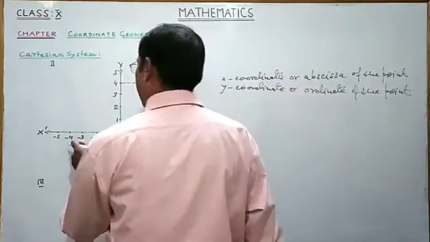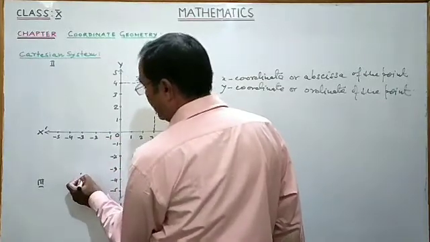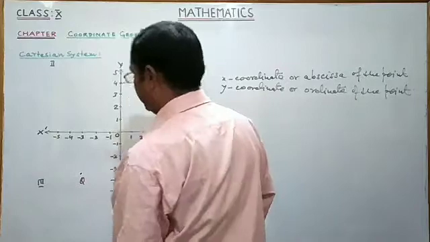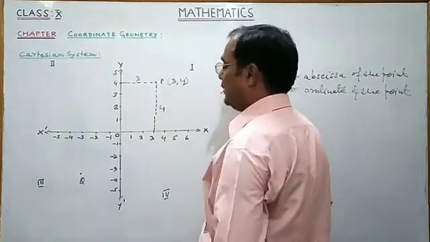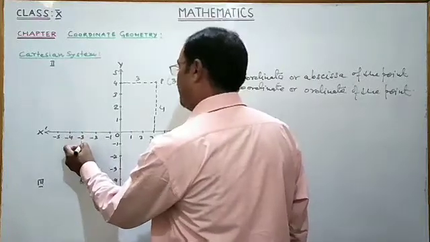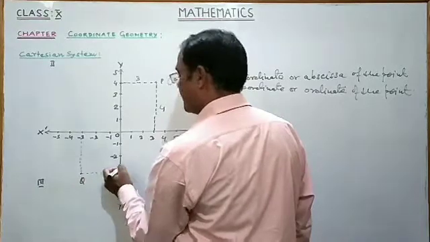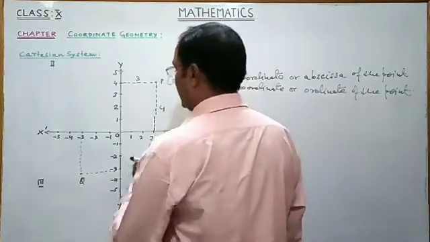Similarly, let there be a point Q here, and we have to find the coordinates of point Q. So let's draw perpendiculars from this point Q on the x-axis and on the y-axis.